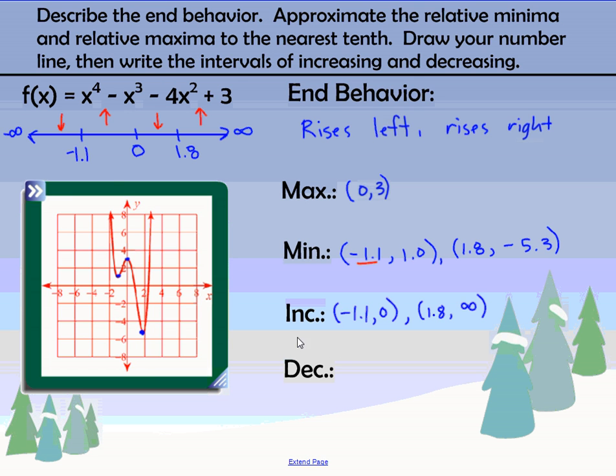Then my decreasing is my down arrow, so that's negative infinity to negative 1.1. And then I have another decreasing from 0 to 1.8. And then this problem would be done.